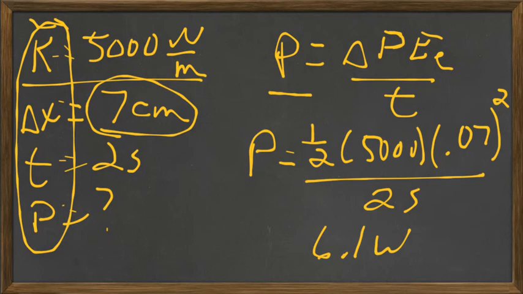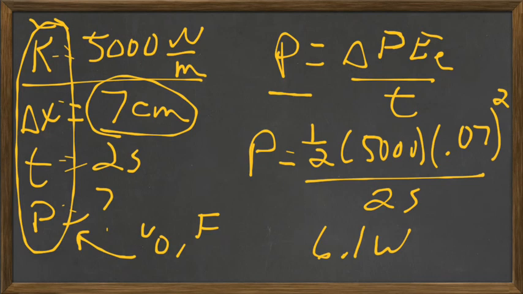If none of them seem to work right away, question 2. With the information I have, can I solve for more information? Can I add an initial velocity or a force or something like that to my list in order to now fit one of my existing formulas? And sometimes I can, and sometimes I can't, and I may still have to try and think of something else.